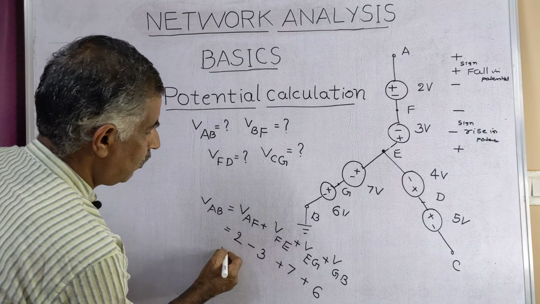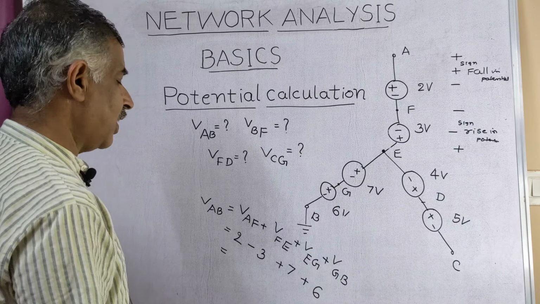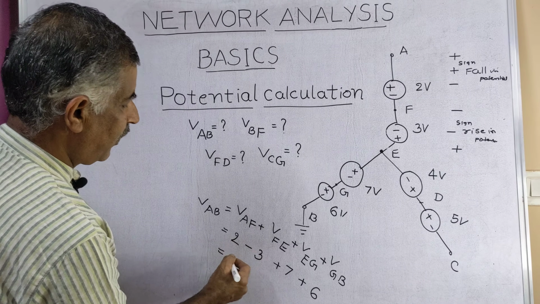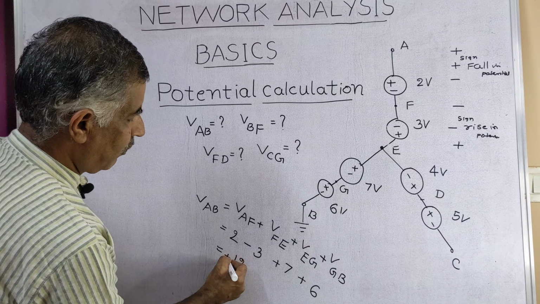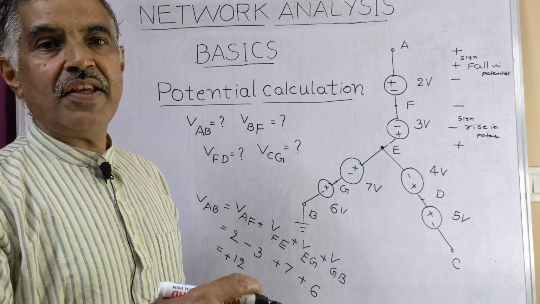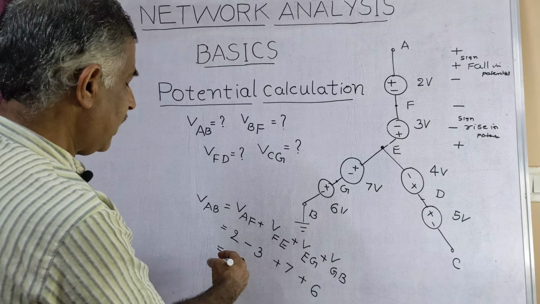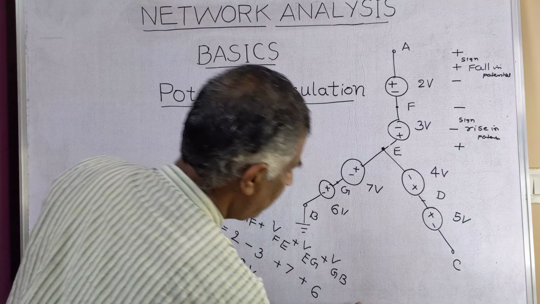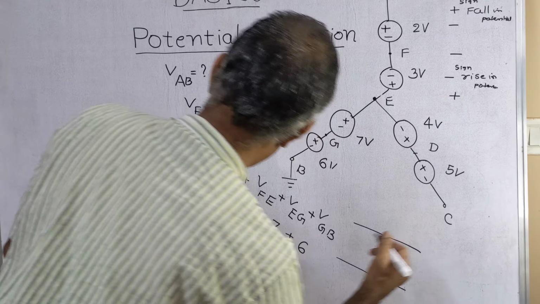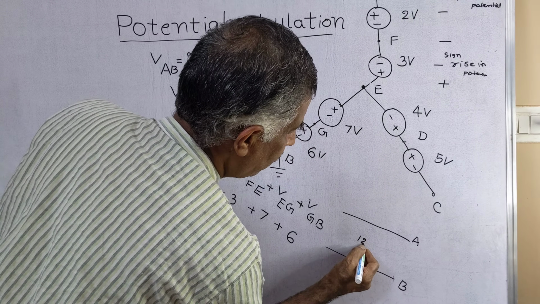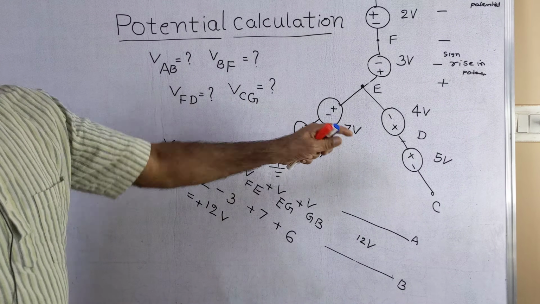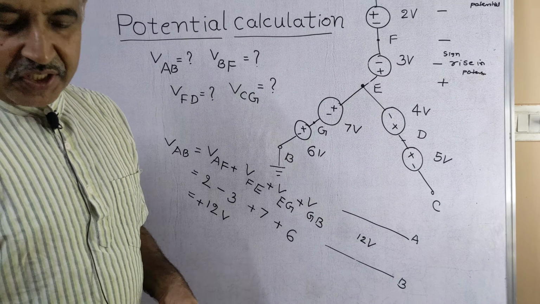What is the voltage now? 7 plus 6, 13. 13 plus 2, 15. 15 minus 3 means 12. So it is coming out positive. That means A is above B by 12 volts. So this is how you have to calculate the voltages.